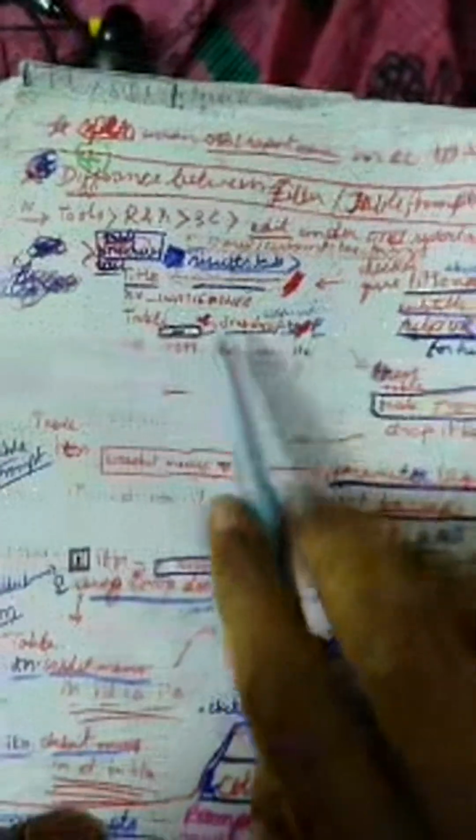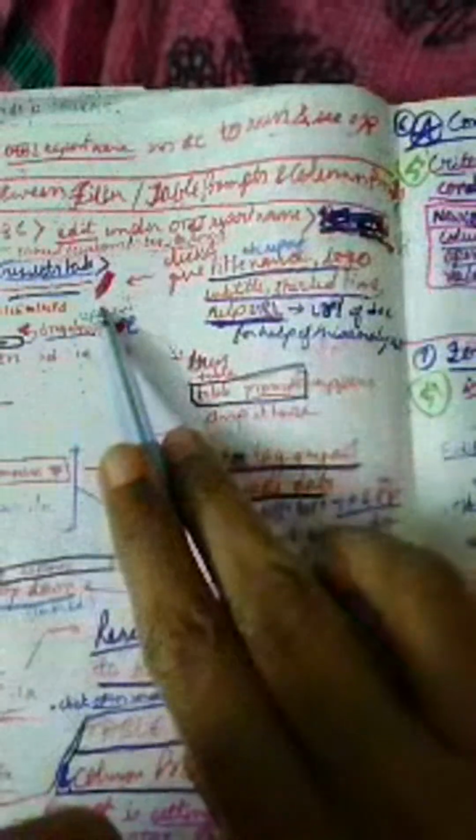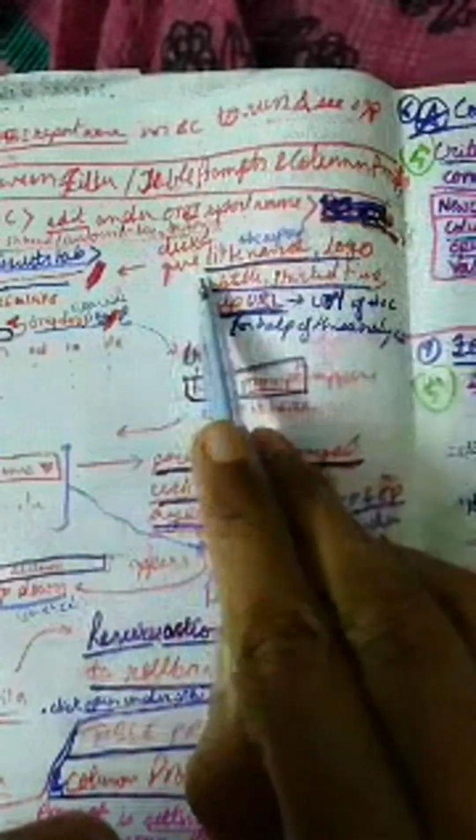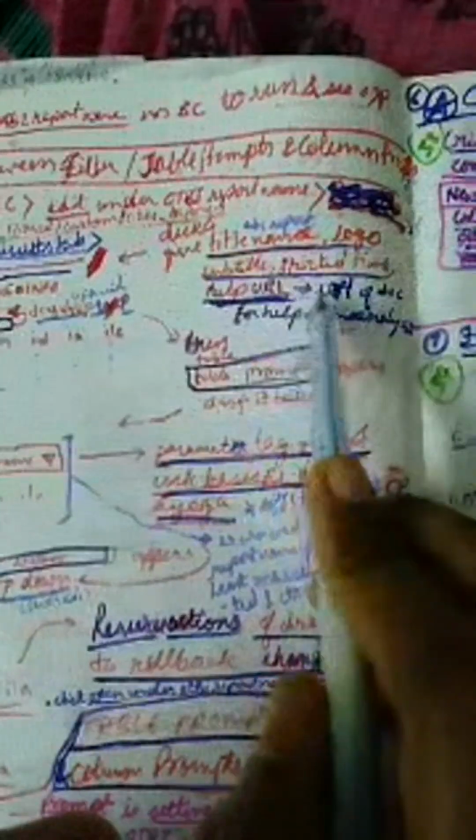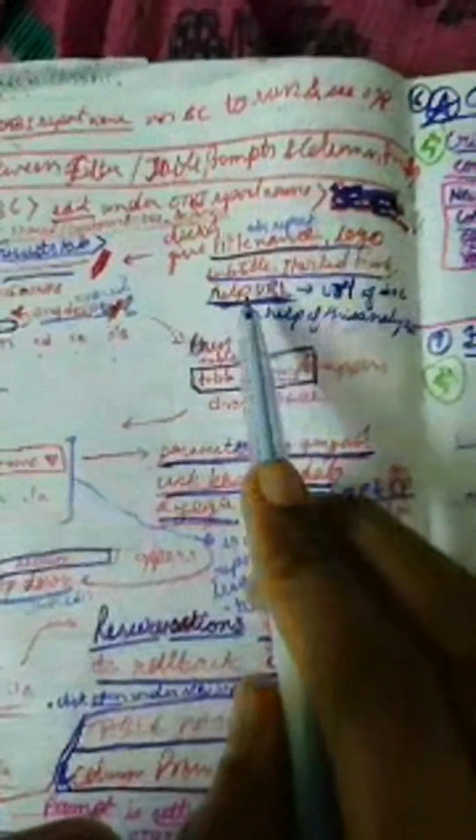If I want to give a title and respective information, then I click on the edit button and we can give the title name like ABC report. We can give logo, subtitle, starting time, started time, and help URL. Help URL is nothing but the URL of documentation for the help of this analysis. So all this information can be given here.